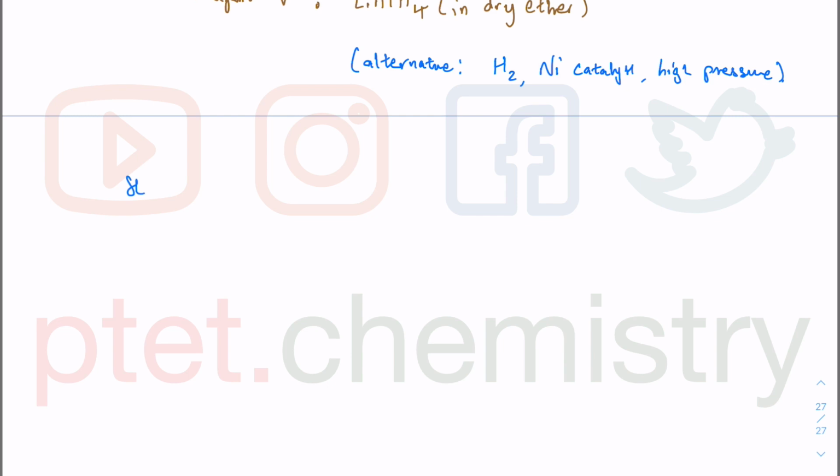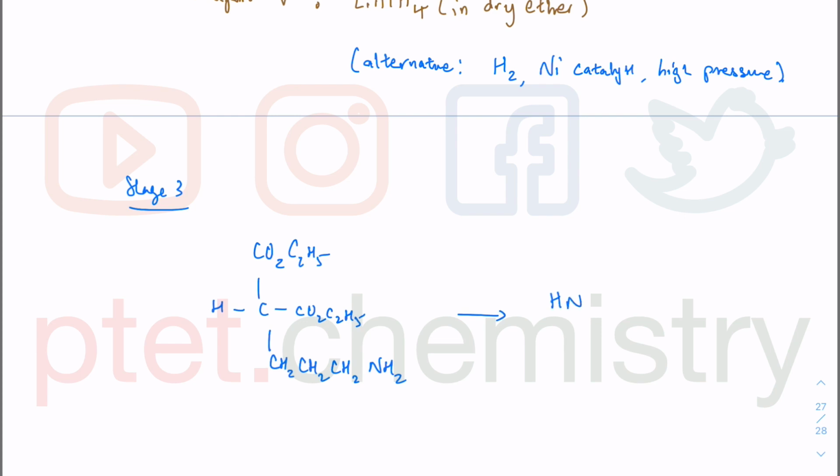So in stage 3, what we have is this ester, and now we also have the ester on the other side and the H, and what happened is CH2, CH2, CH2 and NH2 form a cyclic compound, where it looks like this.